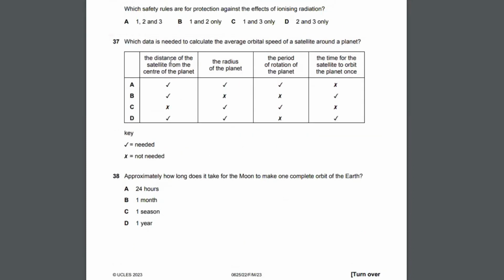Which data is needed to calculate the average orbital speed of a satellite around a planet? Now the orbital speed is given by v, which is the speed, equal to 2 pi r divided by the time period, the orbit time.